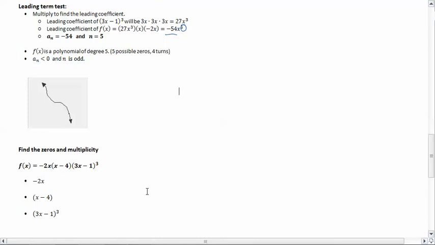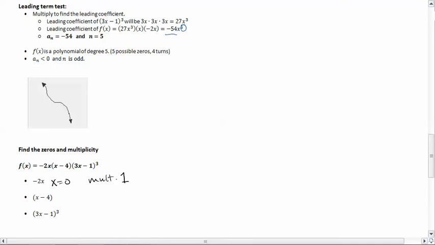So the 0 at negative 2x, what is going to make that term 0? Well, that's just going to happen when x equals 0. And the multiplicity for that is just 1, because we don't have this negative 2 times x raised to anything. We don't have it raised to the 3rd or the 4th or the 5th. So we just have a multiplicity 1 right here.